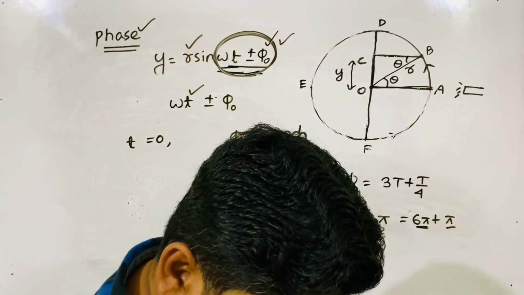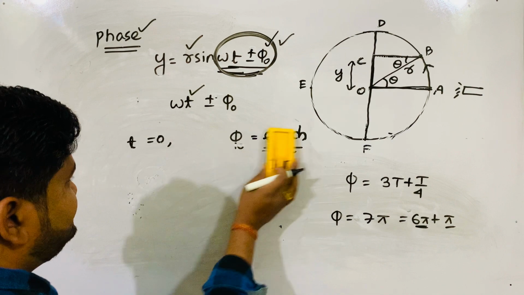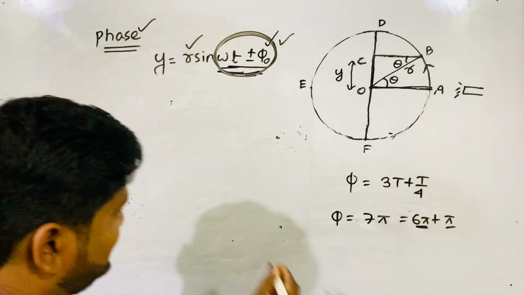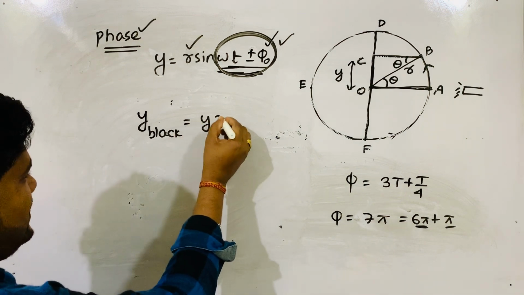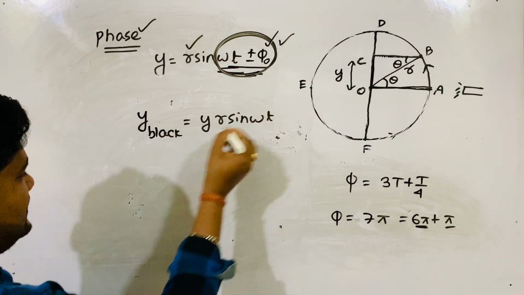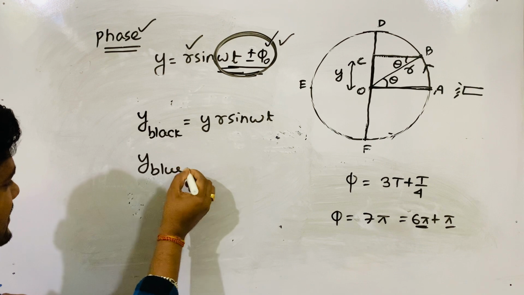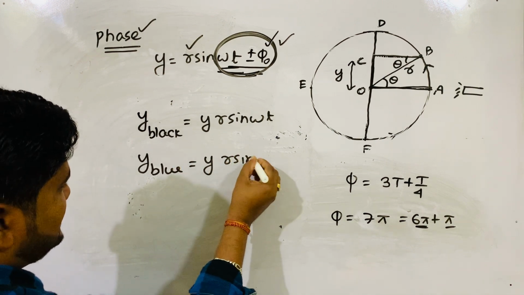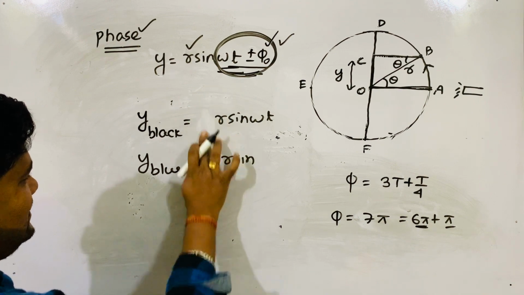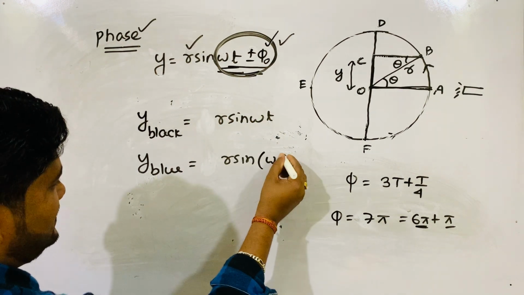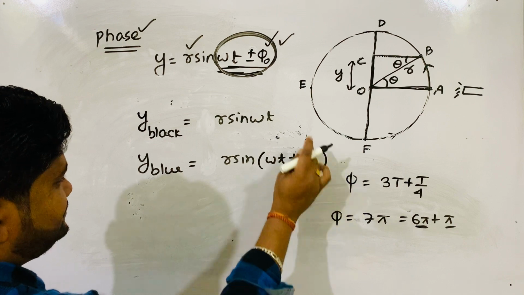For the black marker, if you write the equation, it is y equals r sin omega t. But for the blue marker, the equation is y equals r sin of omega t plus pi by 2.